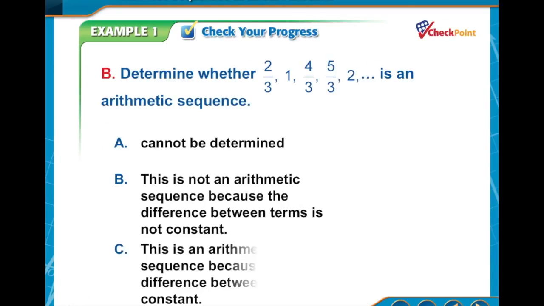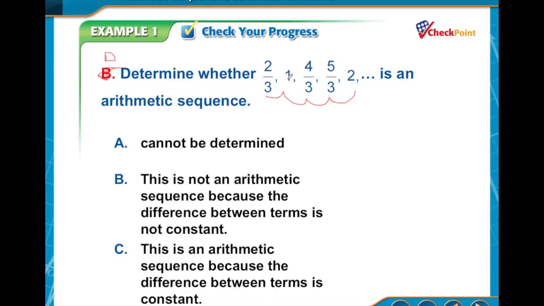Okay, so this is 1D. We'll excuse the wrong letter there. We want to now determine whether this is an arithmetic sequence. So can we determine that? Well, let's track the changes between all of these things and see what we get.